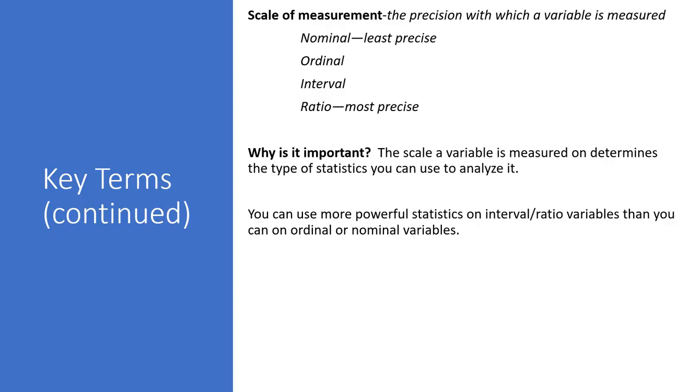Then you'll go up to ordinal, which is a little more precise. And then interval and ratio are more precise, and they are different, but within our class, we'll really be treating them as similar because the type of statistics you can use on interval and ratio variables are the same.